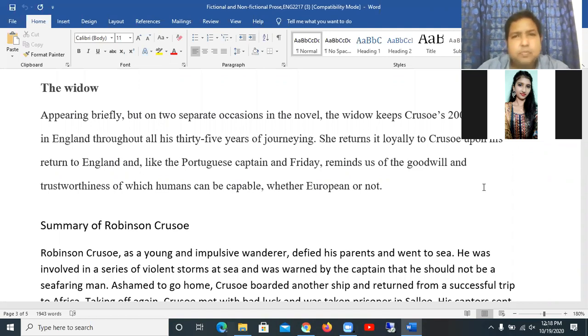And in the course of the novel, there will be a few other minor characters, but these are the major characters, and we discussed the characters symbolically and thematically, from various perspectives. I hope that my dear students, you are now knowledgeable enough to describe the characters of Robinson Crusoe from your point of view, in your own words.